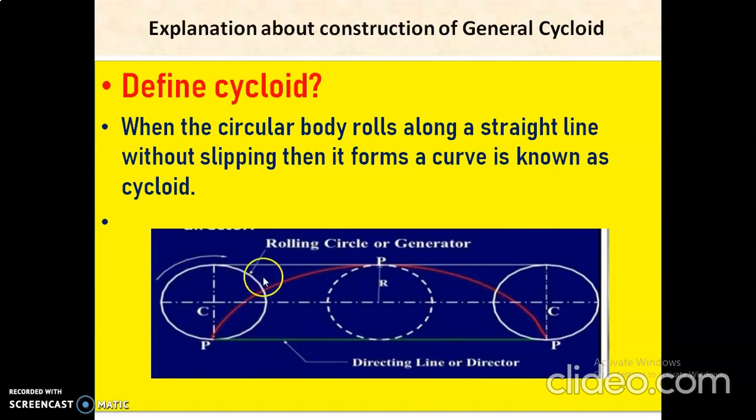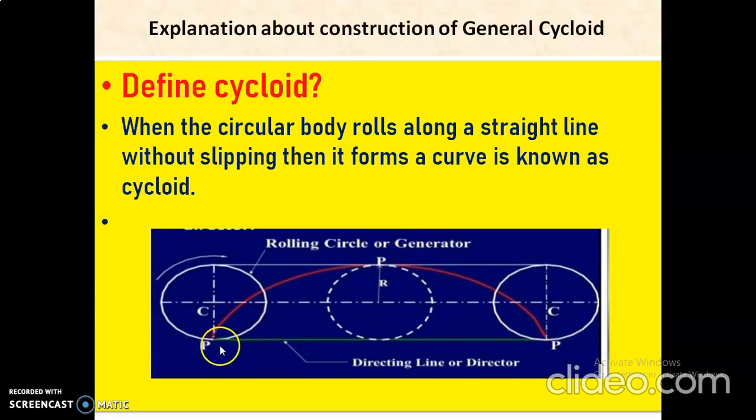Initially the circular body is contacting the straight path at point P. After completion of half a revolution, the point P comes up at this position. In the next half revolution, point P comes down again at this position.